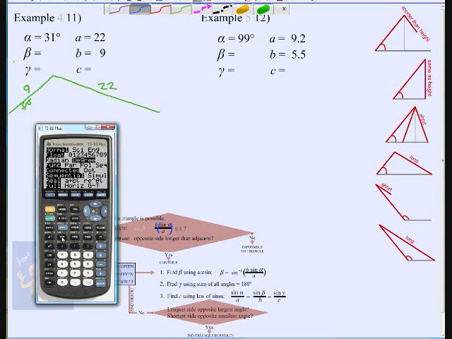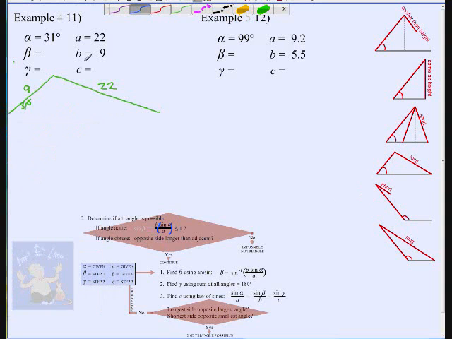The sine of 31 degrees divided by the side opposite of 22 gives me 0.0234, so I have a ratio, I'll put it here, 0.0234.